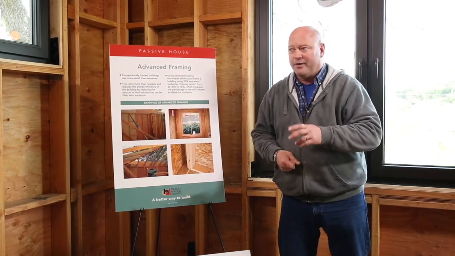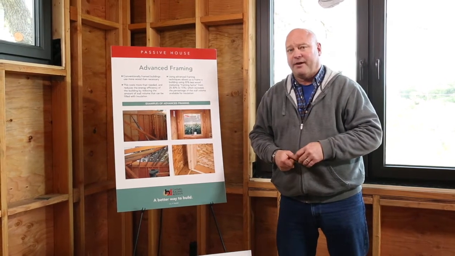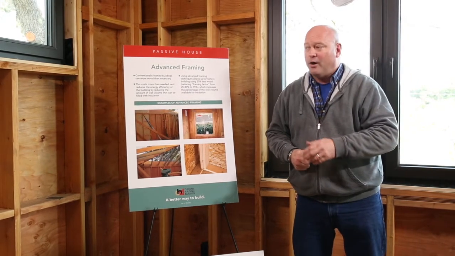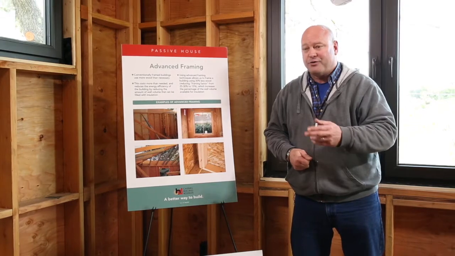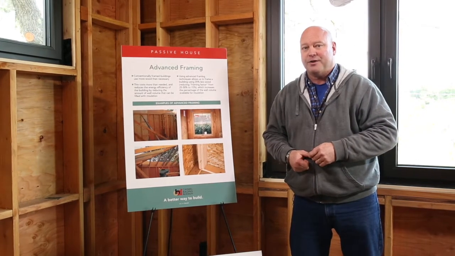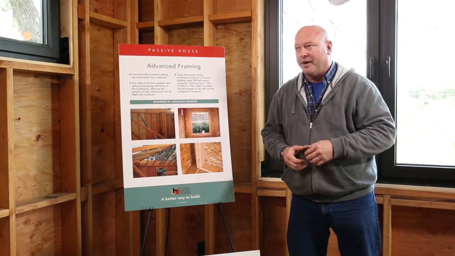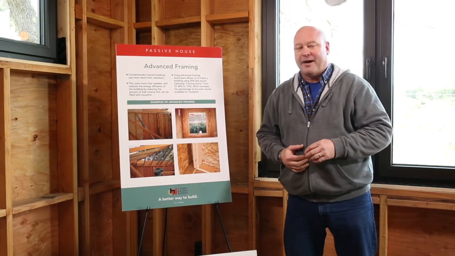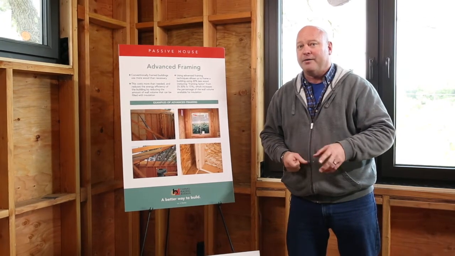By employing all these techniques, it's possible to get down to maybe 15% framing factor, which is actually a third less sticks. So that extra space gets filled up with insulation, and we're also creating fewer voids, so we're making sure we're getting insulation in every little place.